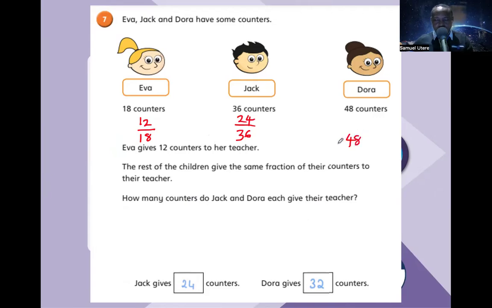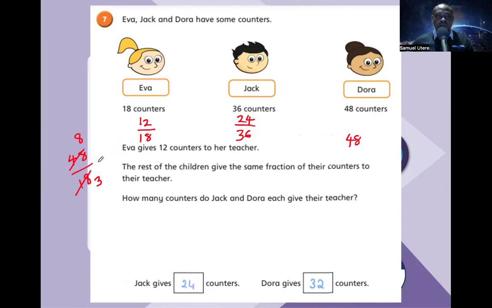Okay. The relationship between 18 and 48, so the way to do it, we can do 48 divided by 18 to find the factor. So 18 divided by 6 is 3. 48 divided by 6 is 8.